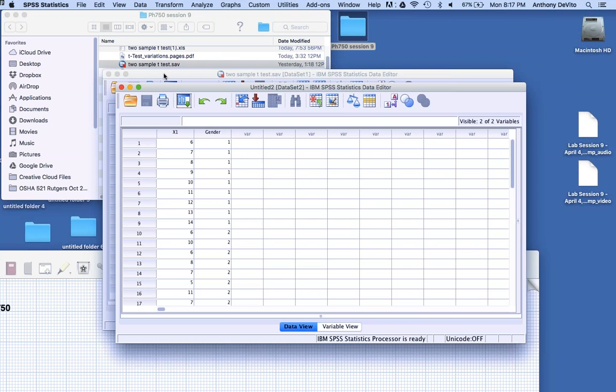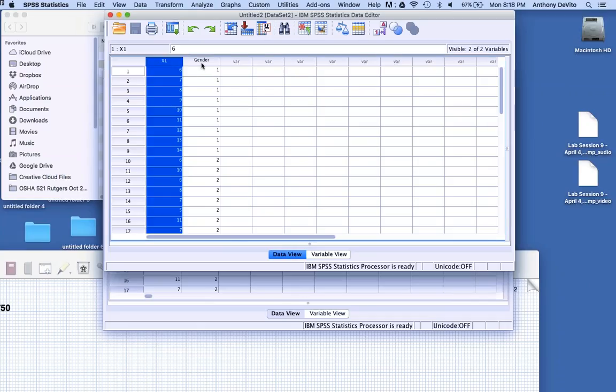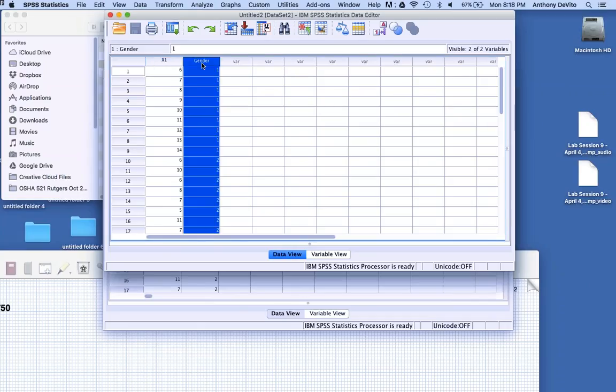Yeah, multiple files. Okay, so now here is the way that this is laid out. Notice something interesting about this. There are 2 variables, right? It isn't laid out the way I laid it out in Excel with males here and females here. That's the way I would lay it out if I had paired samples.